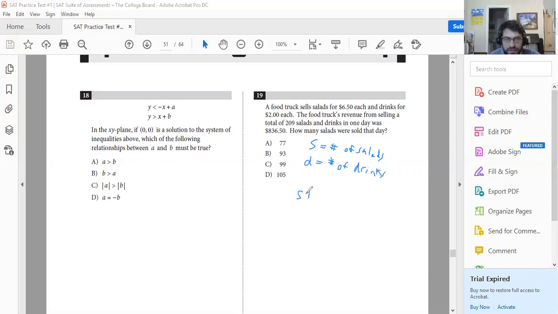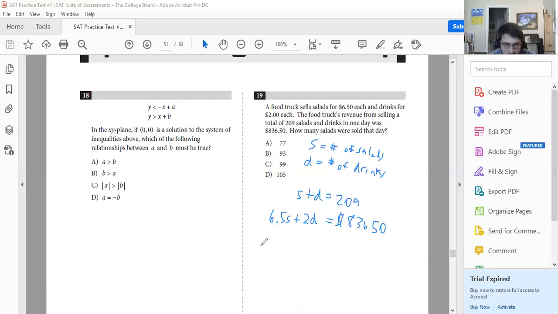Total of 209 salads and drinks, S plus D equals 209. And the total was $836.50. That was actually how much money they brought in. Salads are $6.50 each, so 6.5 S plus $2 a drink, 2D is that much.